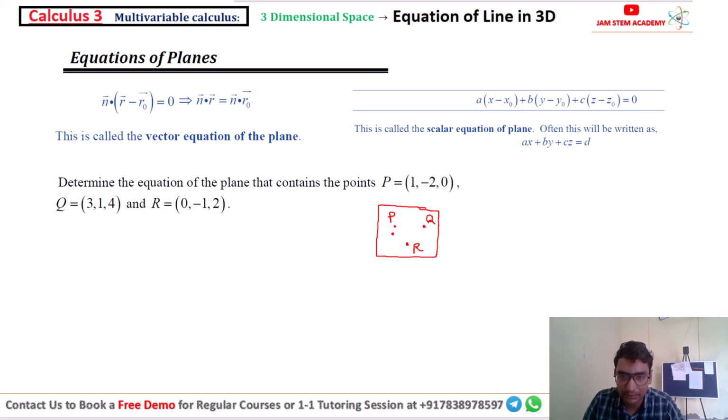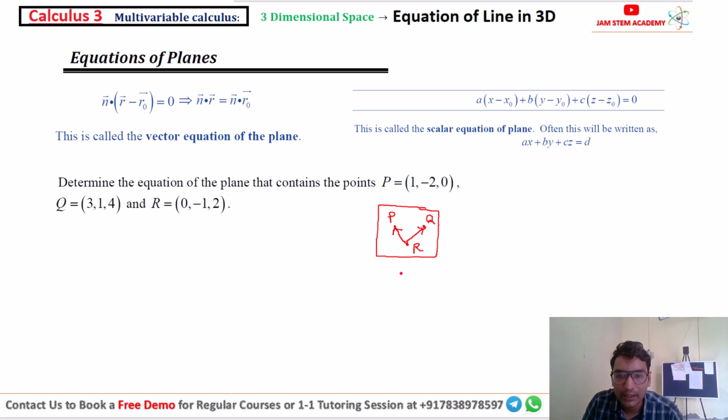Using these 3 points, first I will calculate a normal vector. In order to find a normal vector, first I will form any two vectors, PQ, PR or RQ. Let's say I have RP and RQ, just as an example. Now let's take the cross product of these two.